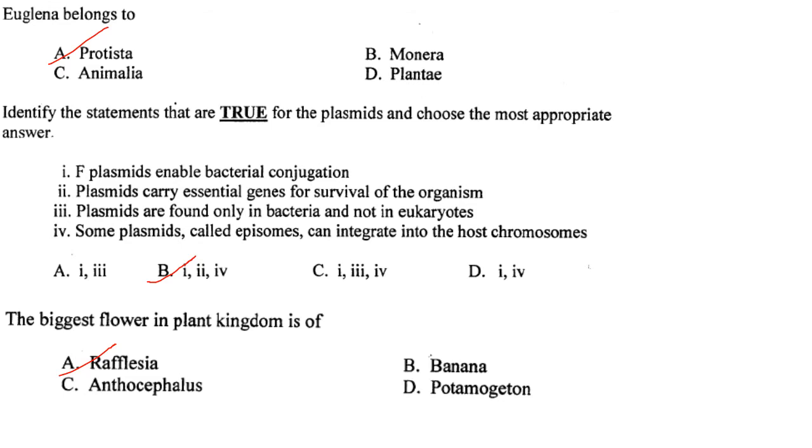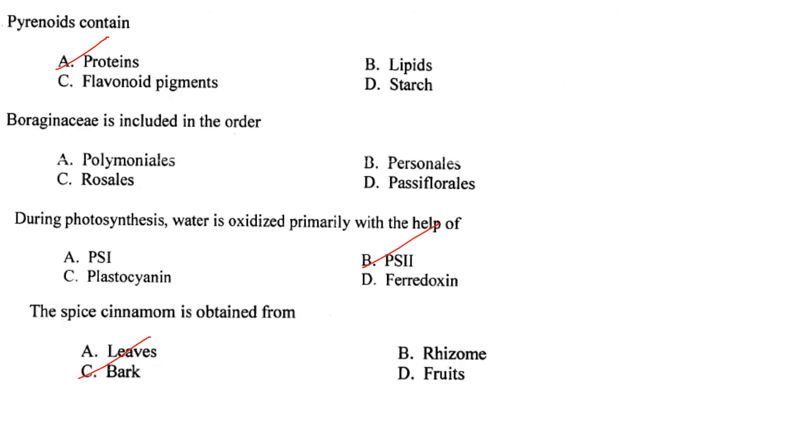The biggest flower in the plant kingdom is of Rafflesia. Answer is option A. Then pyrenoids contain proteins. Answer is option A. Boraginaceae is included in the order Boraginales, but that is not given in the options.